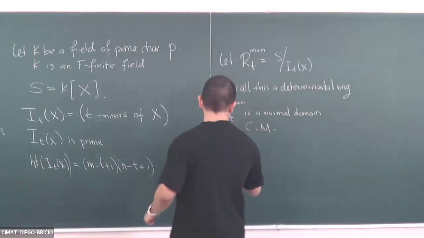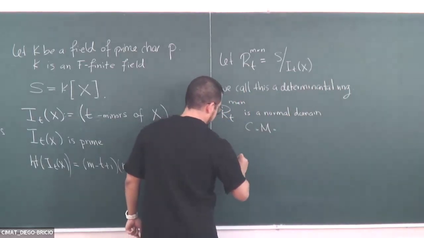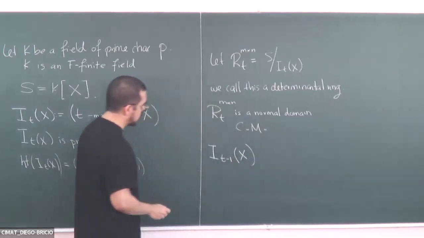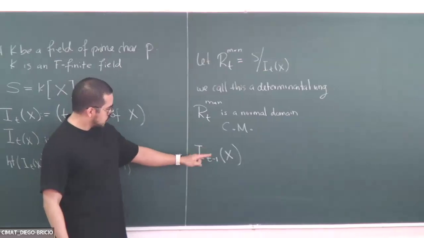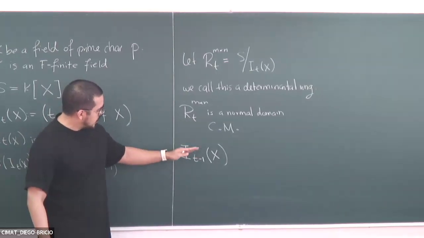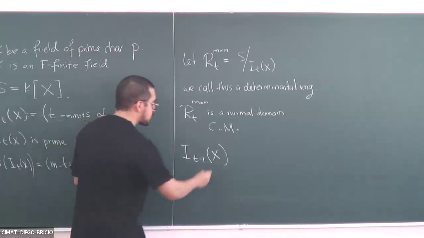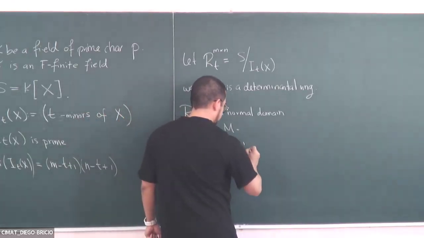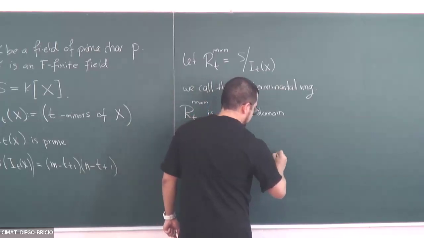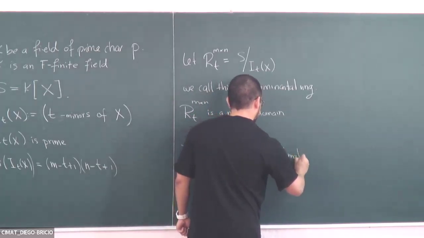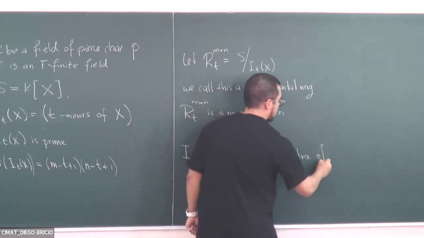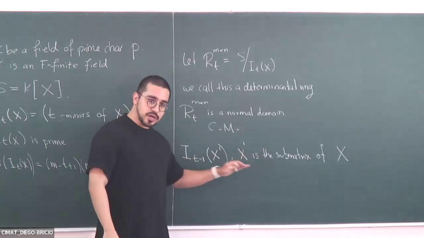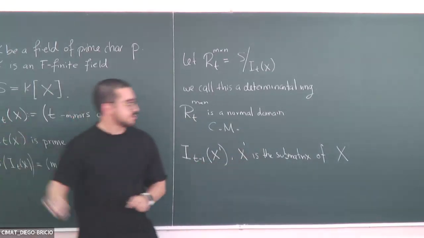So now consider another determinantal ideal. But now we're going to consider the t minus 1 minors of x prime, the submatrix of x given by the first t minus 1 rows of x.